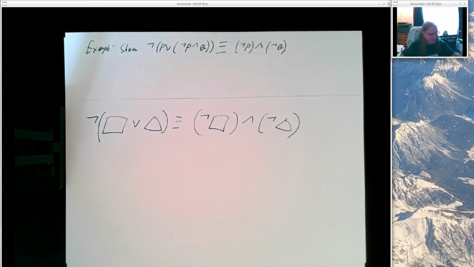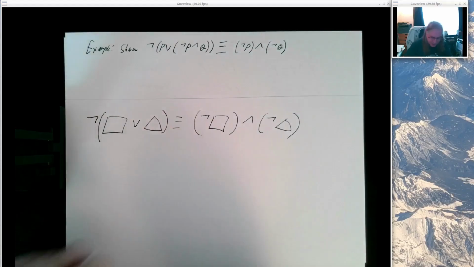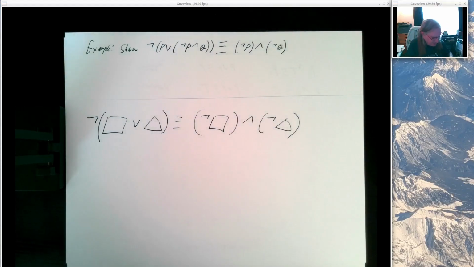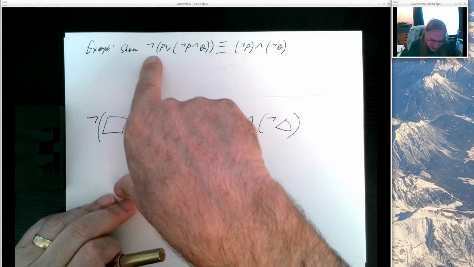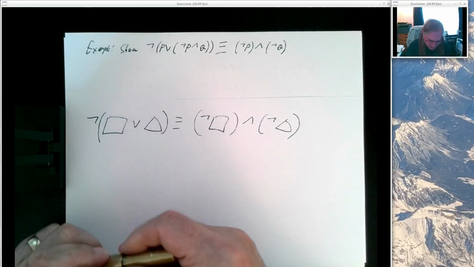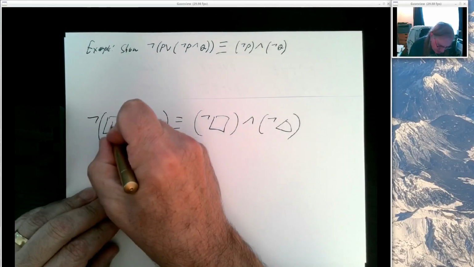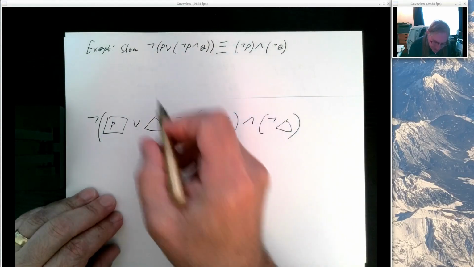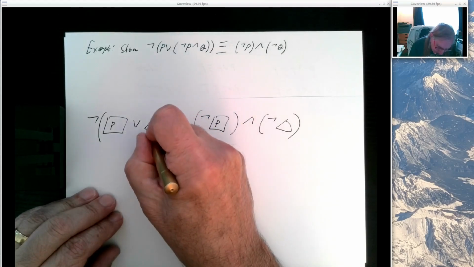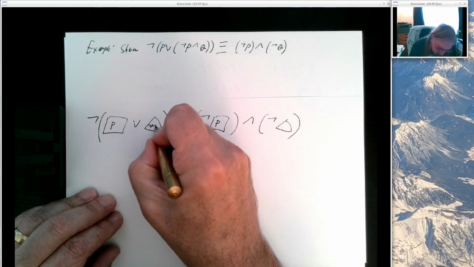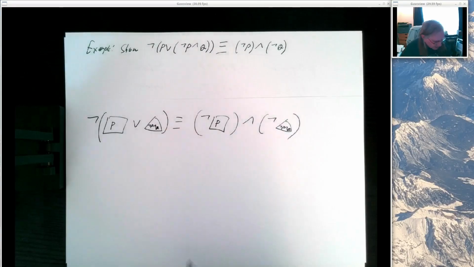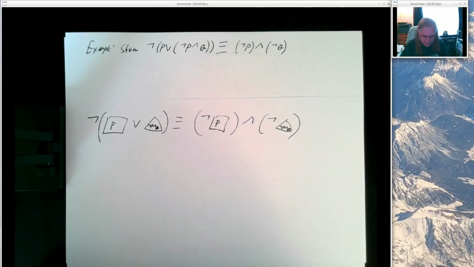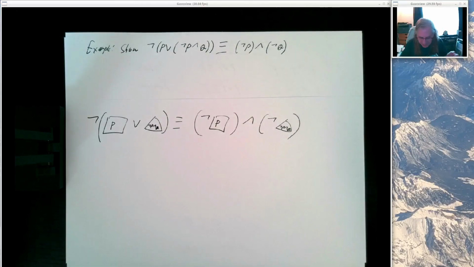I could, if I prefer, and if I can write very small, do the following. Because I'm trying to transform this expression up here, this is not P ORed with this other expression. So I'm going to put P inside my box, and in my triangle, I'm going to put not P and Q. And De Morgan's still applies.